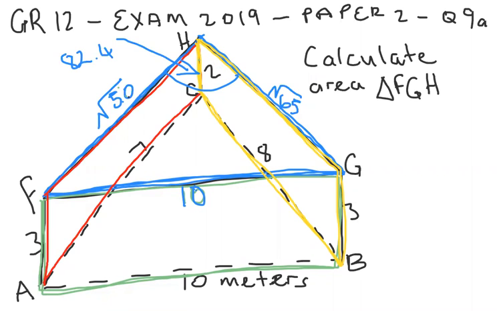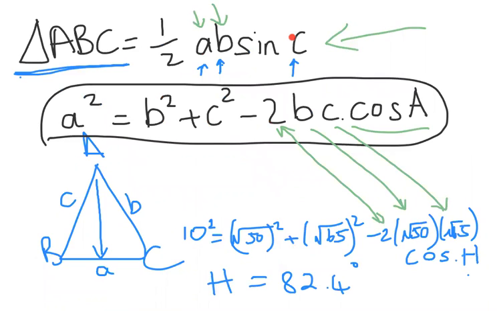So now we have the 82.4, and remember, the reason we want the 82.4 is because we want to put it now into this formula over here. Because we have the triangle ABC, we have the two sides, and now we have the other side in the middle. So now we can actually say, let's see if I can squeeze it here on top. So that is now equal to a half.